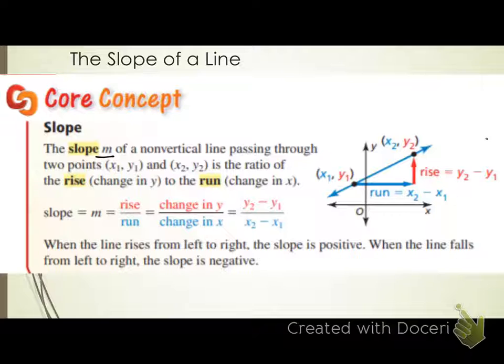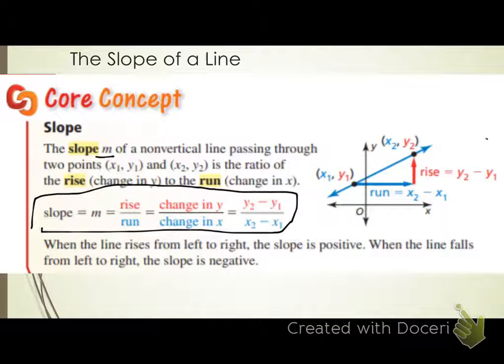I want you to go ahead and write down this whole thing. And I'll write it a little bigger up here at the top so you can see it. Slope equals the variable m. We use m to represent slope. Slope is also, like we talked about, rise over run.